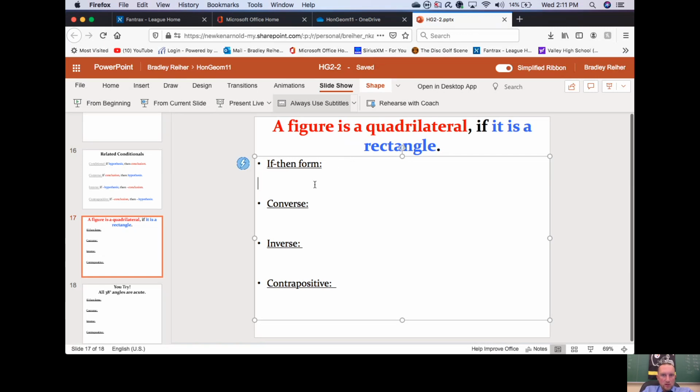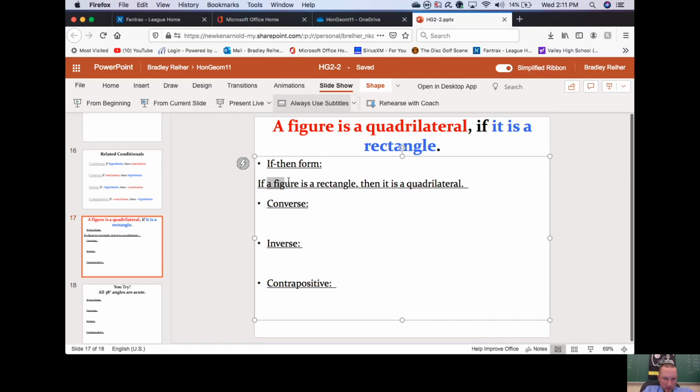If it is a rectangle, then it is a quadrilateral. Notice how I use the pronoun "it" here instead of "a figure." So you can replace the pronoun up here with: if a figure is a rectangle, then it is a quadrilateral.